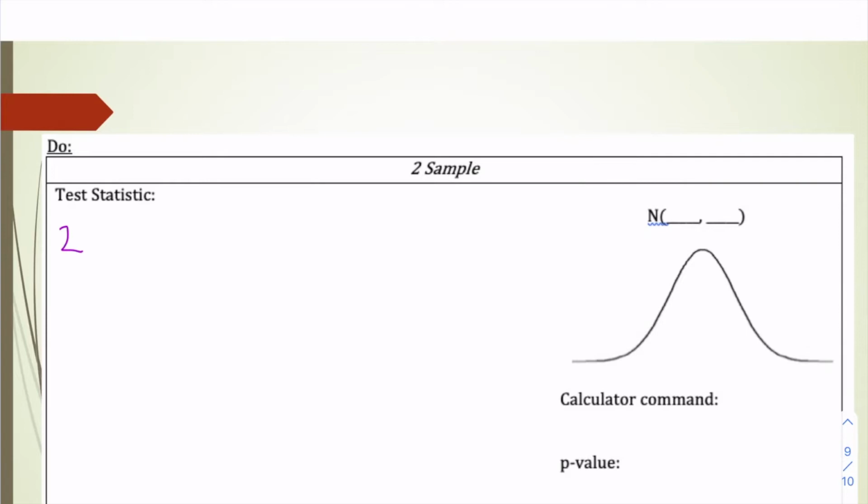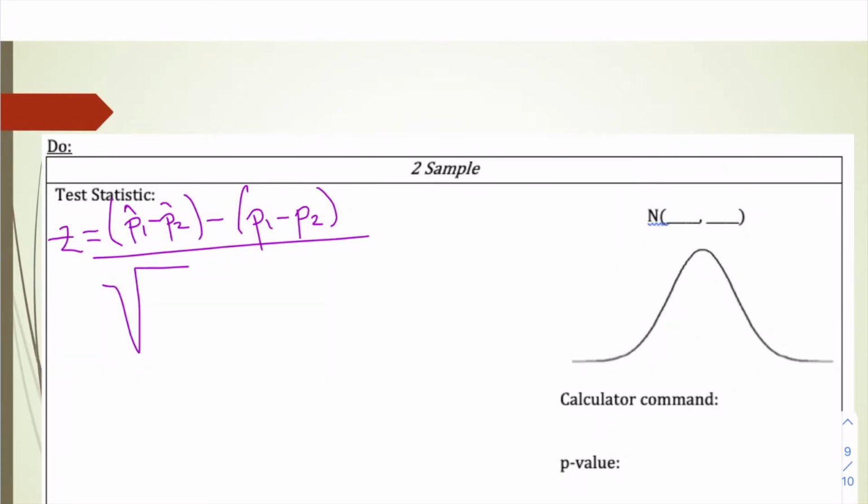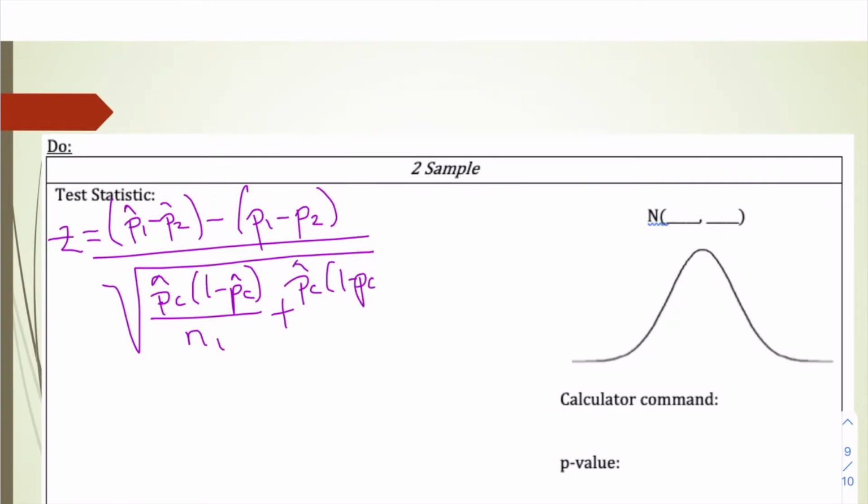We have z equals p sub 1 hat minus p sub 2 hat, minus p sub 1 minus p sub 2, over the square root of p sub c hat, our pooled value, times 1 minus p sub c hat, all over n sub 1, plus again p sub c hat times 1 minus p sub c hat, all over n sub 2.